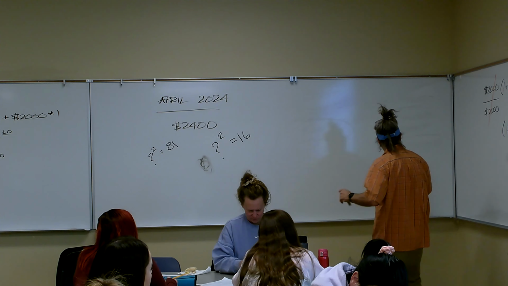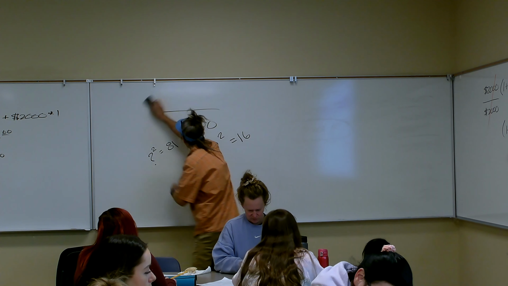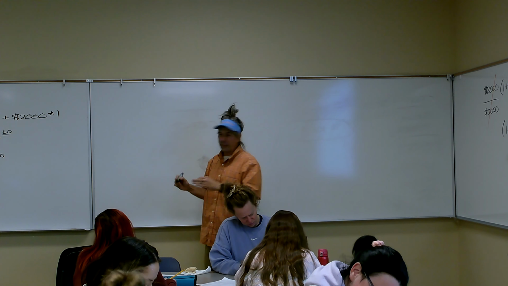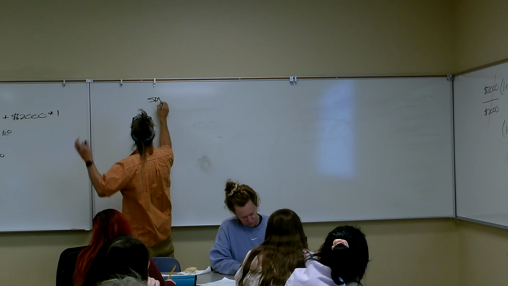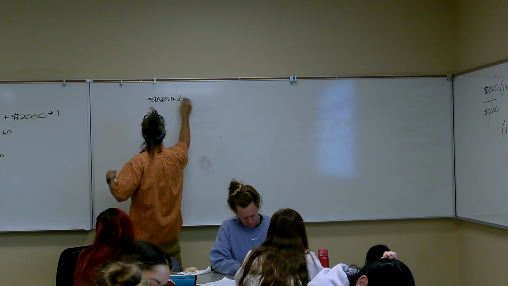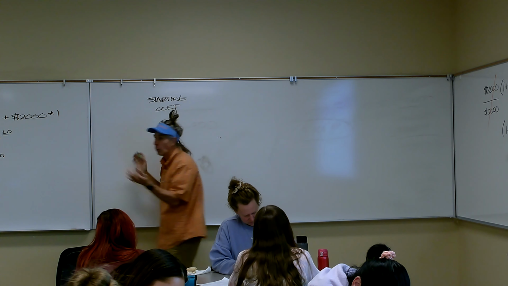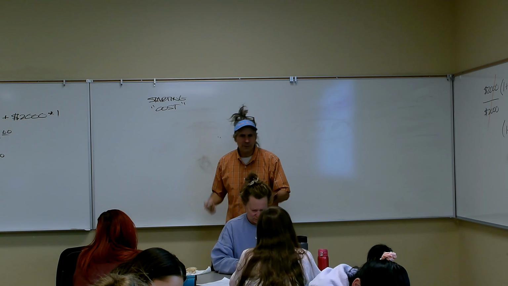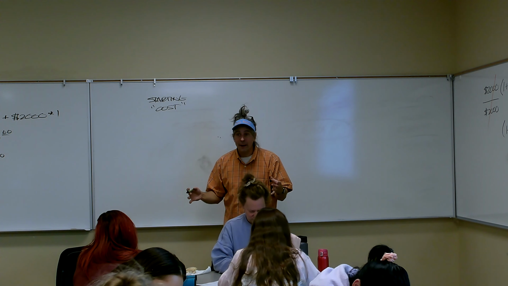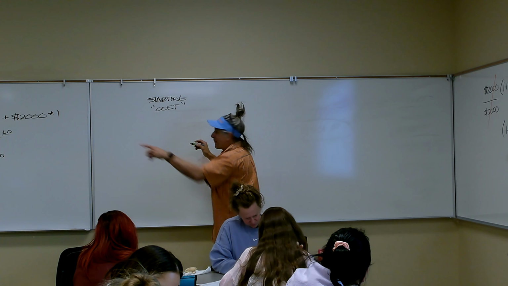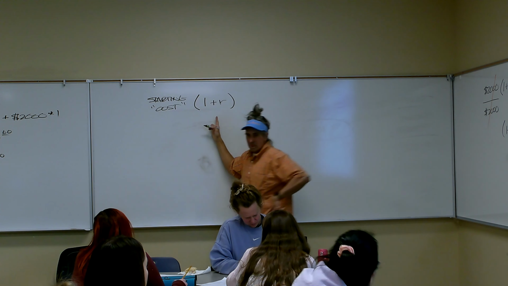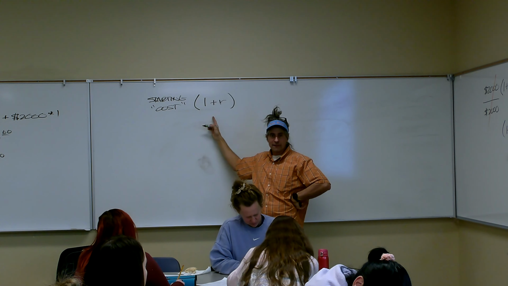The model of inflation is: start with the starting amount, starting cost, starting whatever. I'm going to put cost because right now it's actually a minimum wage, but it's a dollar amount, a starting dollar amount. Then that's the annual inflation.